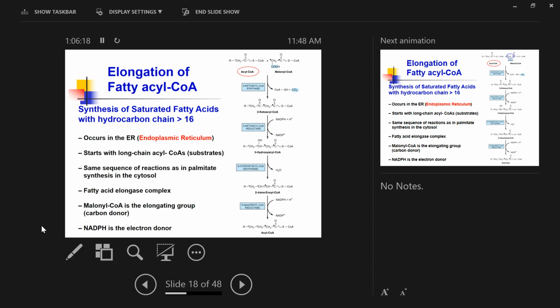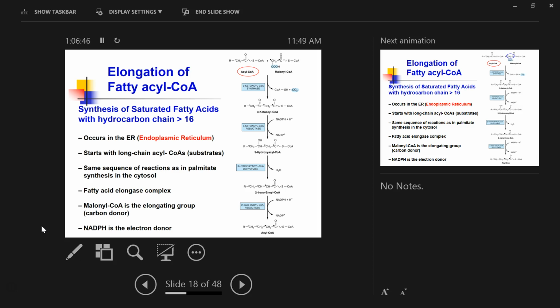the fatty acid synthesis enzyme cycles, right? And try to remember, each cycle requires donors. What are the 2 donors? Carbon donor: malonyl-CoA, right?